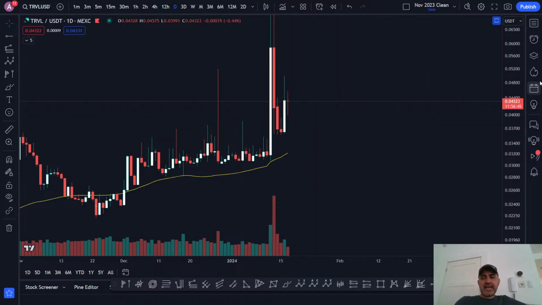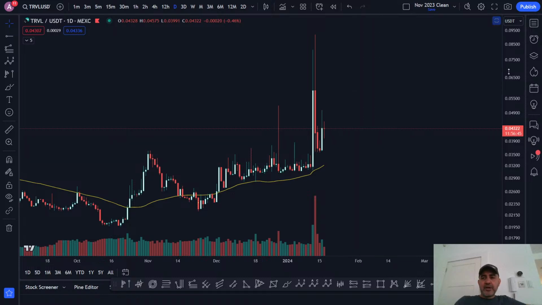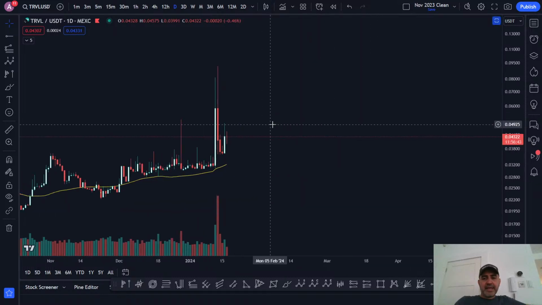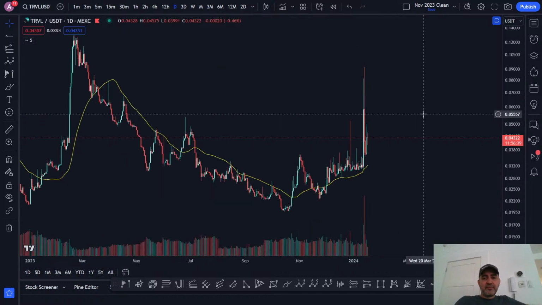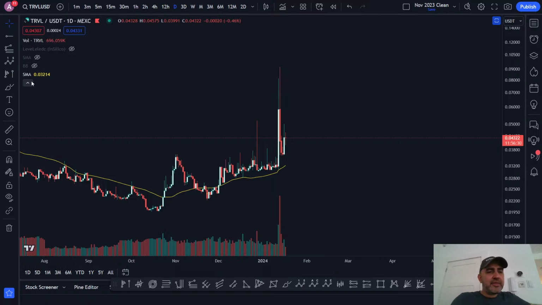Now the daily is obviously starting to offer support, but I can't predict the future. I don't know when the price is going to come back to the 50 again. I obviously don't want it to come back anytime soon because I want the momentum to pick up. I know in other trading groups they use another moving average, and I'm going to just add it now to see how that fares.